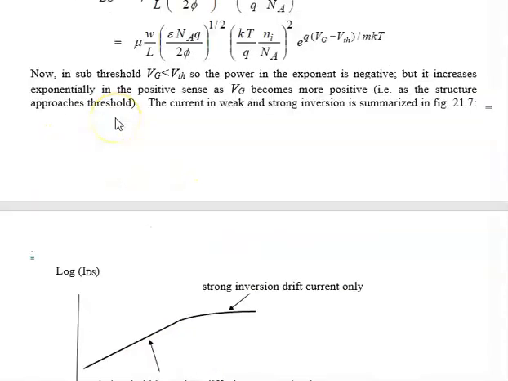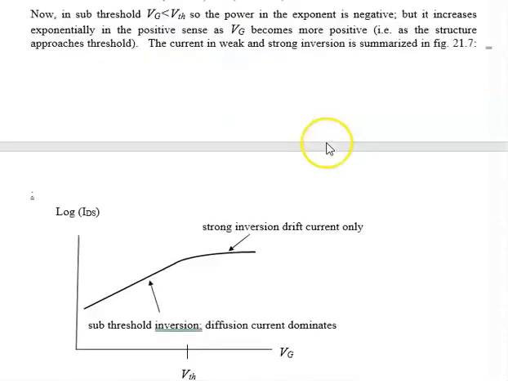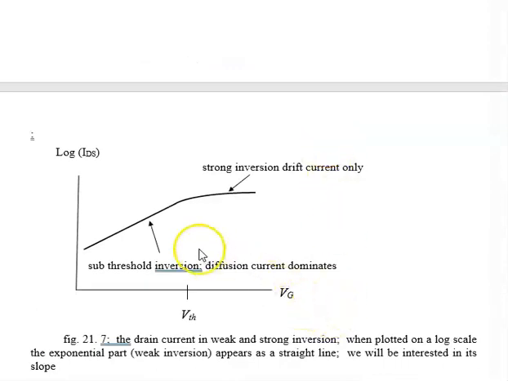Okay, and we can summarize the whole bit by figure 21.7, and if we have a log of IDS, it is proportional to the power right here. And that would be a straight line. We're taking the logarithm, either the natural log or the log to the base 10. We basically just bring this term down, and we get a straight line as a function of Vg.